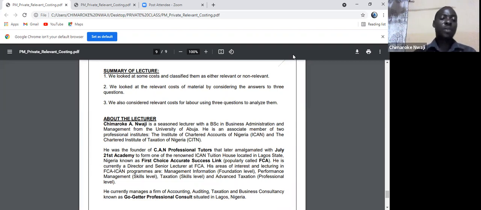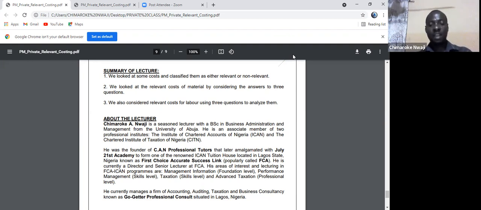Then for labor, we also considered three questions to show whether labor is a relevant cost. First one is the labor in permanent employment. If they are, you move to the next question. If they are not in permanent employment, you are going to pay them their hourly labor rates.